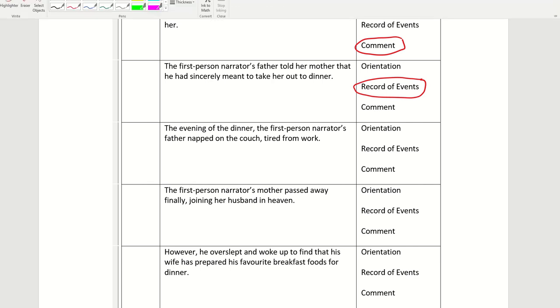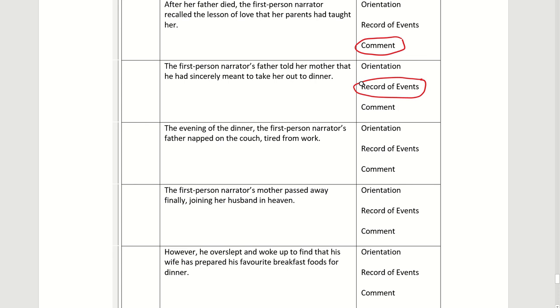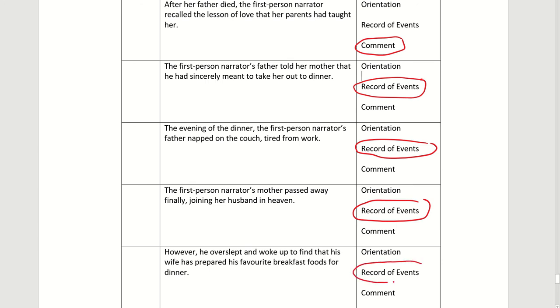So that is what? Record of events. The first person narrator's mother passed away, finally joining her husband in heaven. That is a record of events. However, he overslept and woke up to find that his wife had prepared his favorite breakfast foods for dinner. That is a record of events.